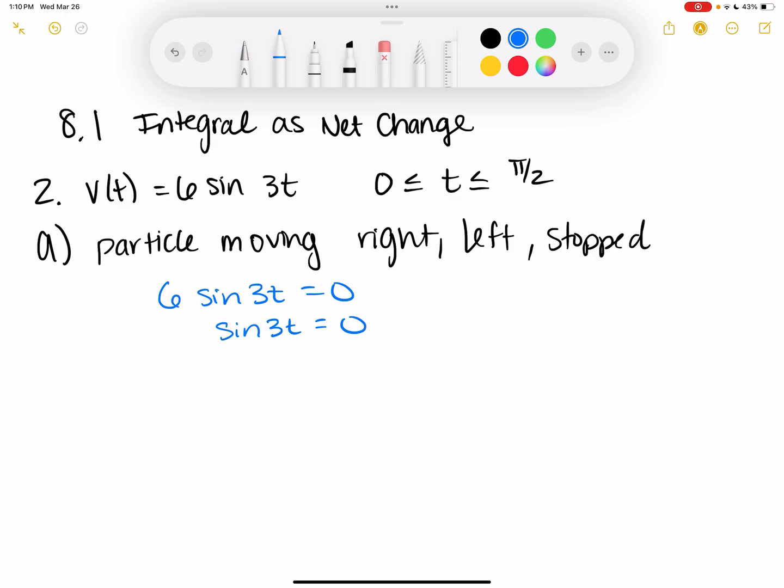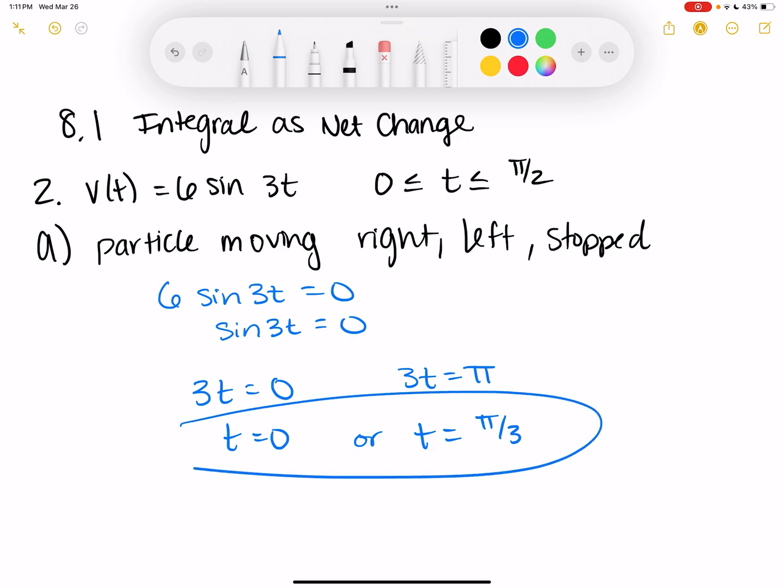Now, where is sine equal to 0? I'm going to take 3t and set it equal to 0 and 3t equal to pi, because that will make sine 0. So t equals 0 or t equals pi over 3. So this is where it is stopped.